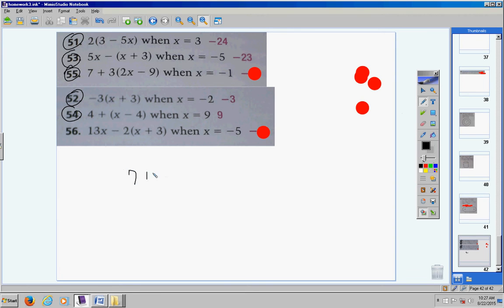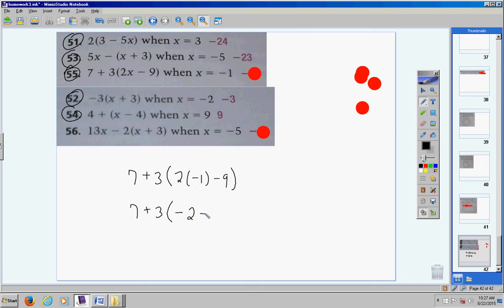7 plus 3, parentheses, 2, and then x, put a -1 there for x, and then -9. Now, let's start off solving first inside the parentheses, okay? Well, first we have multiplication, okay? So 2 times -1 is -2.